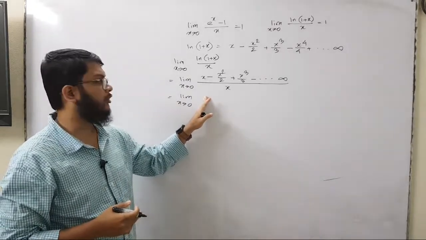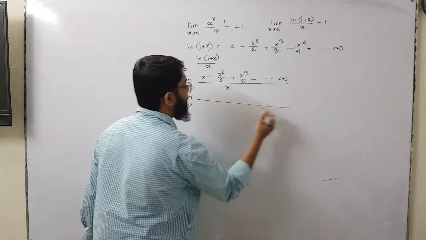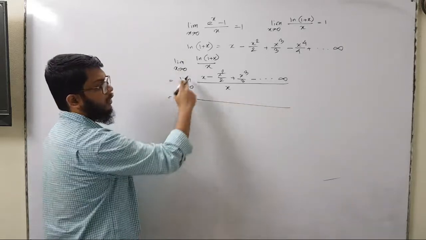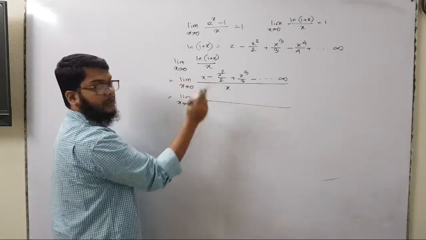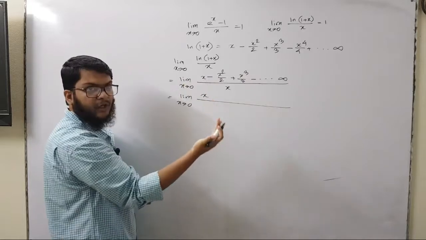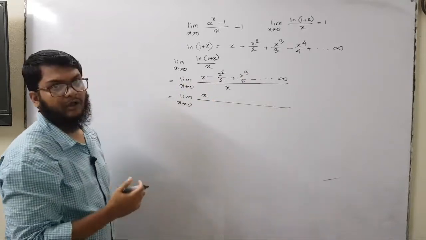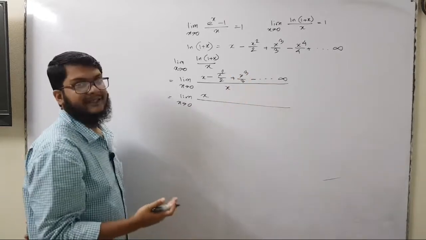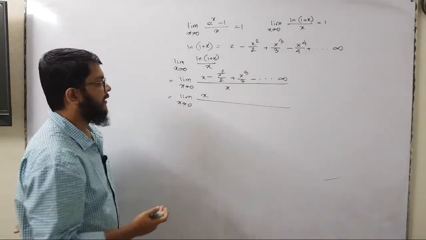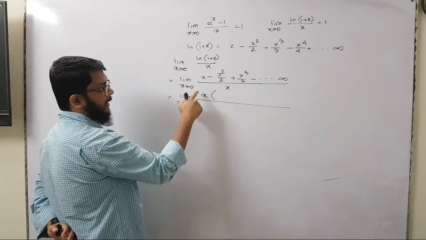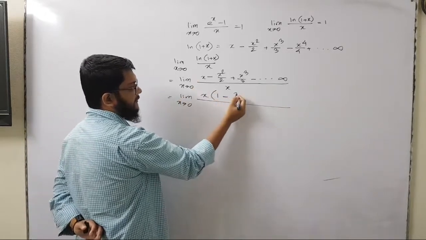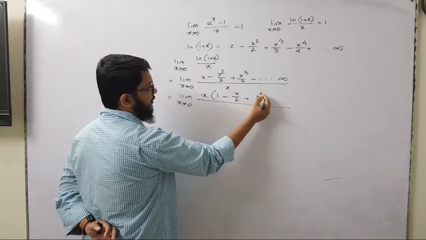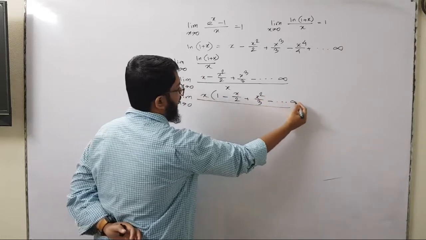We need to take common. Taking common from all the terms in the numerator, we can take x as common, right? Because x is present in all the terms, and the next terms are higher powers of x. If you take x common, x divided by x is 1, minus x by 2 plus x squared by 3 minus all the way to infinity.